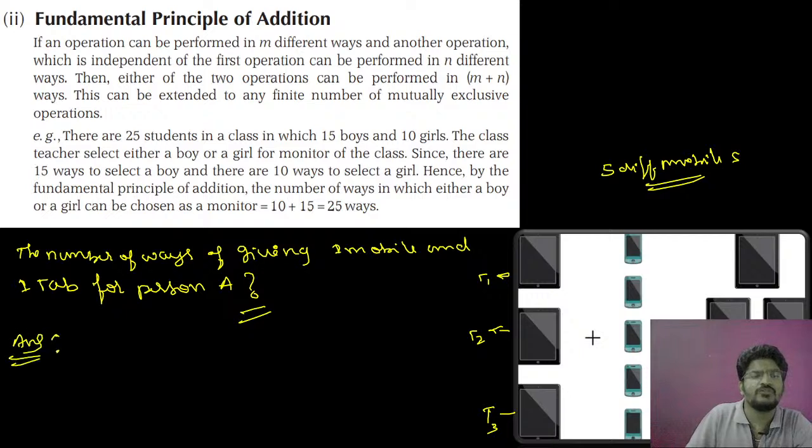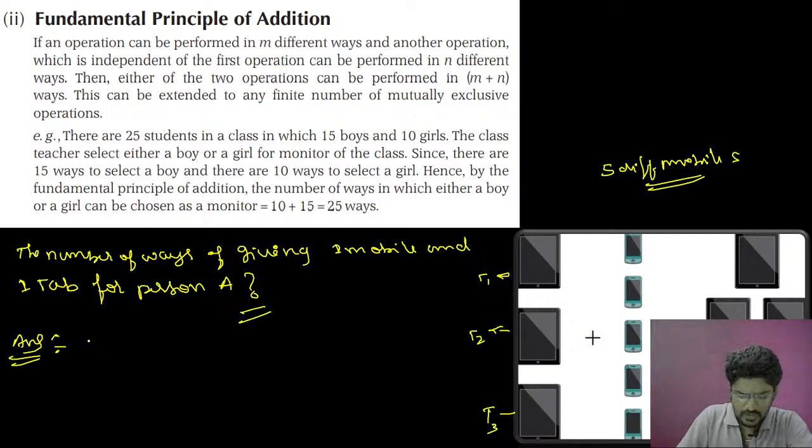What are the number of ways here? Please quickly tell me what are the number of ways if he has 5 different mobiles and 3 different tabs.